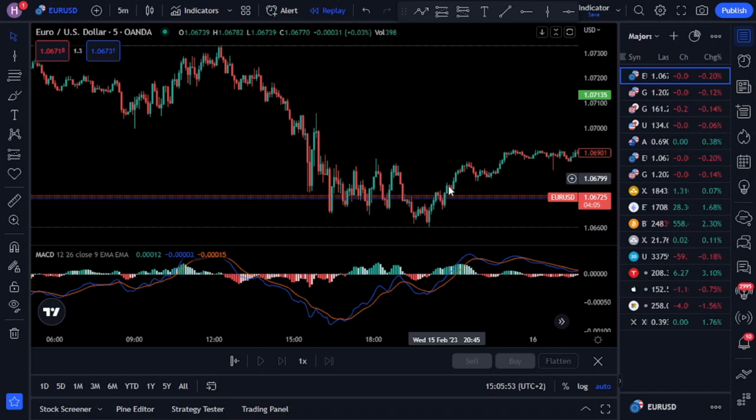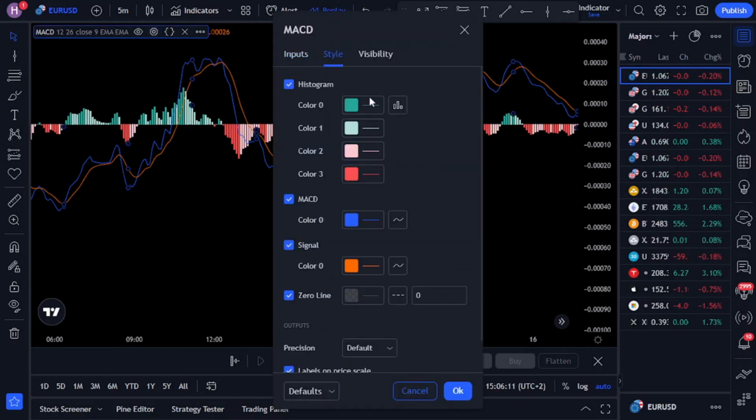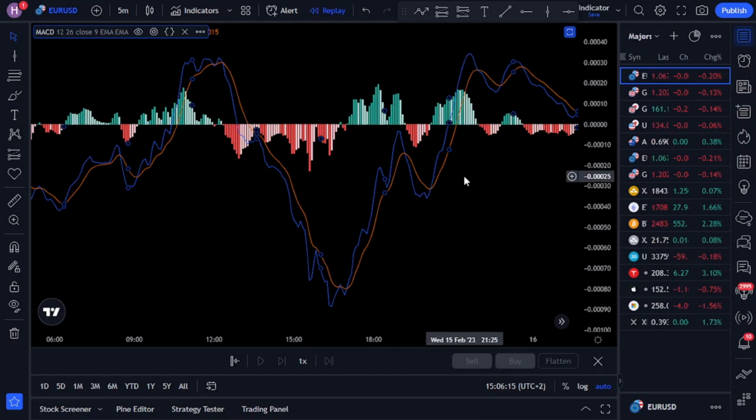The MACD is calculated by subtracting the 26-period EMA, or exponential moving average, from the 12-period EMA, and then plotting a 9-period EMA of the MACD line as a signal line. The MACD is typically displayed as a histogram showing the difference between the MACD line and the signal line.